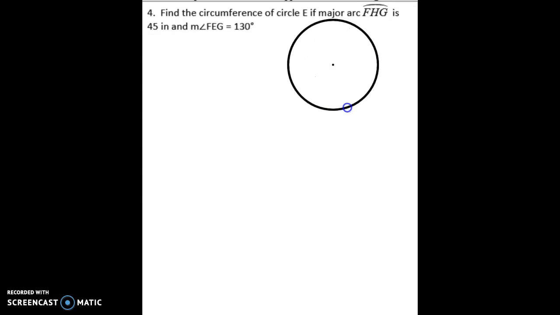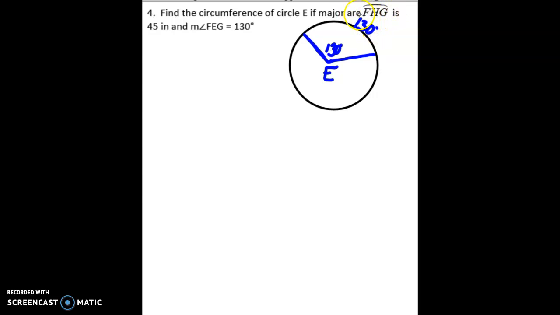So here's my picture. This is circle E, so E is the center, and we know that FEG is 130 degrees, which means that this arc measure is 130 degrees.